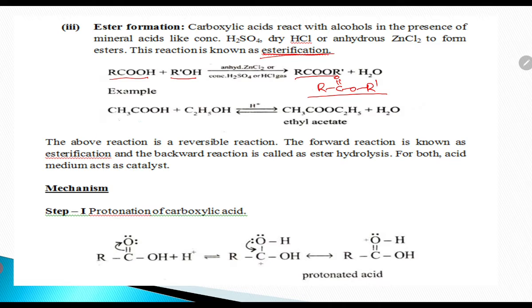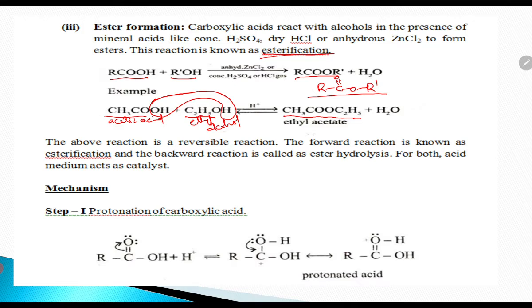For example, CH3COOH is acetic acid. When acetic acid reacts with ethyl alcohol in the presence of a mineral acid, an H2O molecule is lost and CH3COOC2H5 is obtained.